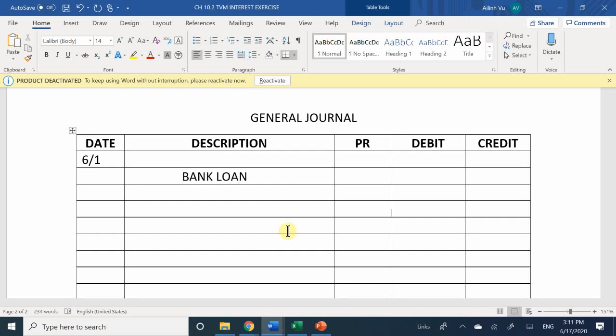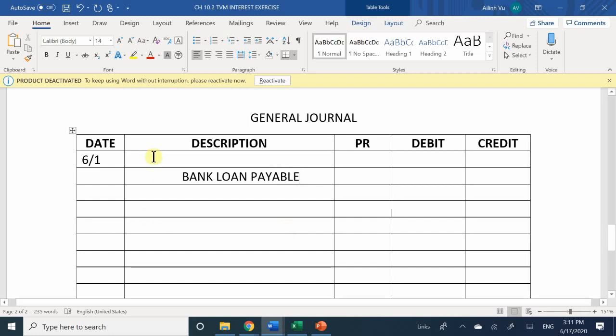So I have a bank loan payable, as in I need to pay this back. In this case, I wasn't specific on what you bought, so I'm going to assume that I received cash. I received $5,500 cash. So I'm going to report 5,500.